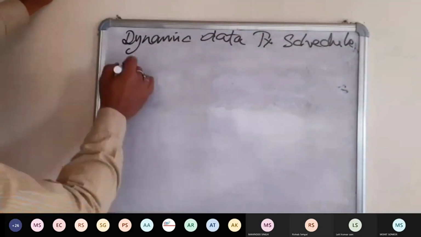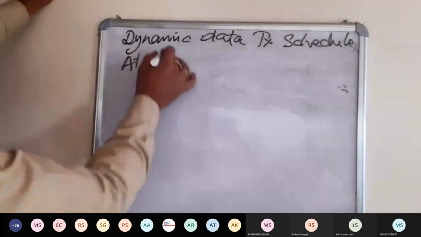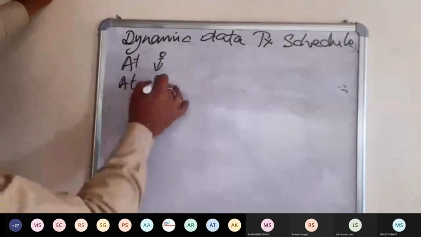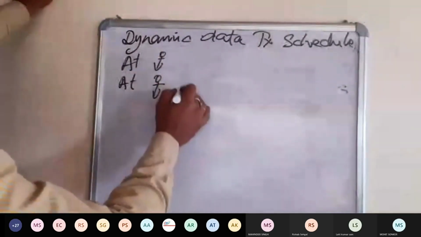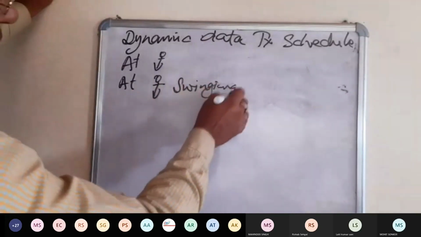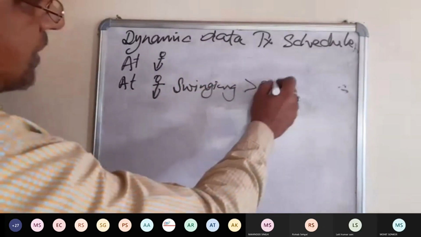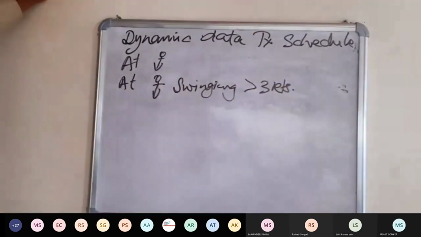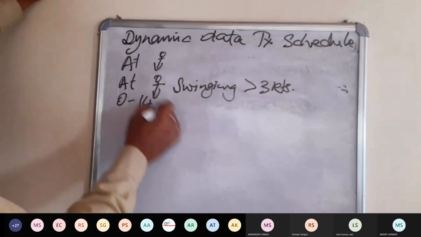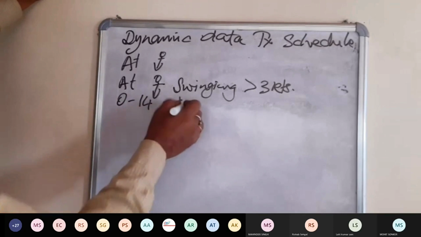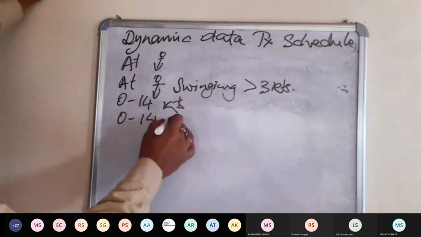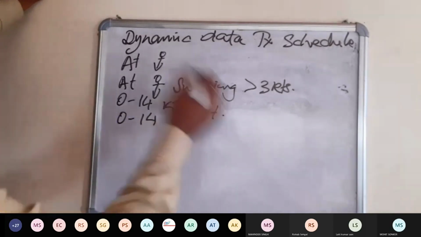So we have various conditions: at anchor; second condition, at anchor but the vessel is swinging or moving at speed more than 3 knots; then 0 to 14 knots, steady course, no change; 0 to 14 knots plus altering course.